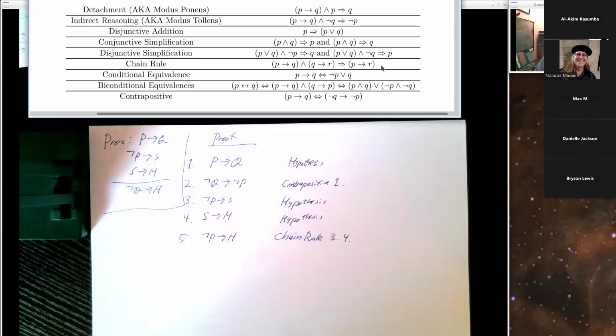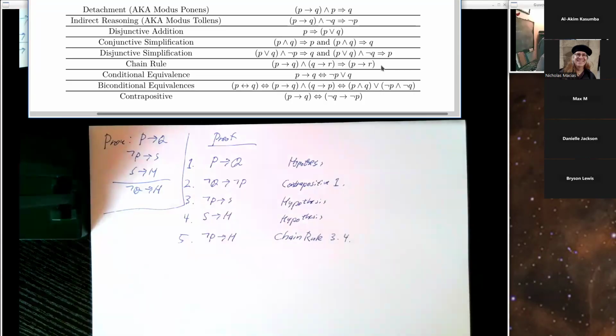All right, good. What can I do next? The nice thing with proofs is the more you do, the more stuff you have to work with. So I've got like 5 propositions now, which presumably there may be more ways to put those together.